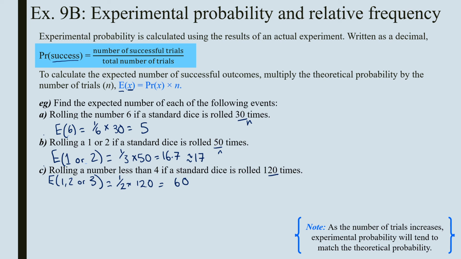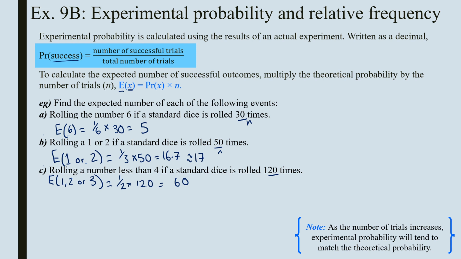Finally, just a quick note, as the number of trials increases, the experimental probability will tend to match the theoretical probability, okay? So what would happen if I took a dice and I rolled the dice 30 times, okay? I might roll 5, I might roll more than that, I might roll less than that.